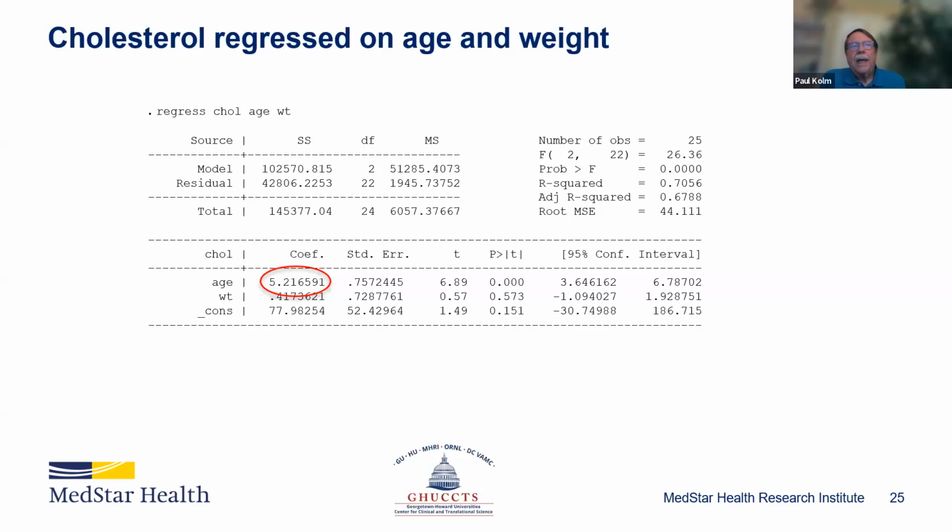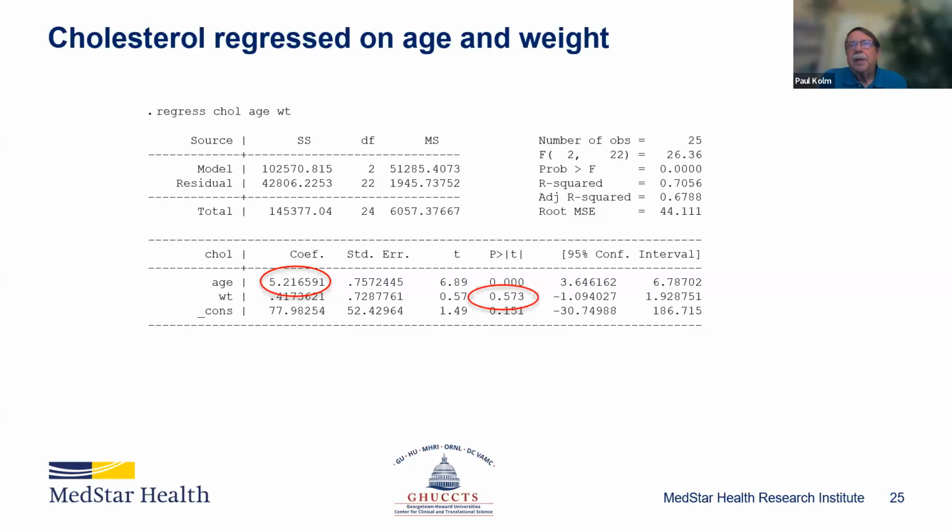So it hasn't changed much. And so when we look at that, we think, well, weight really hasn't added much to our regression equation here. I'll point out that the regression coefficient is not statistically significant. In other words, the p-value is 0.573, much larger than the traditional 0.05.